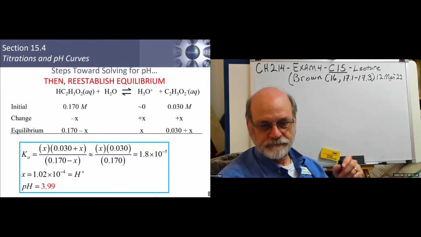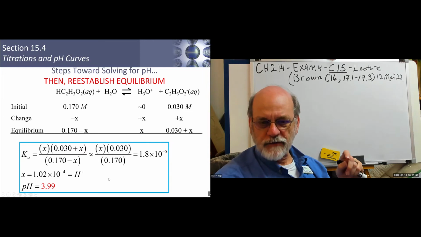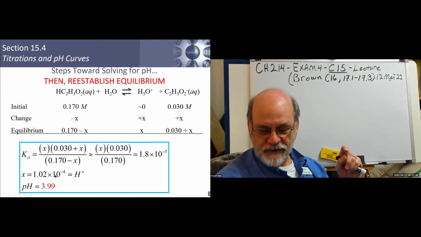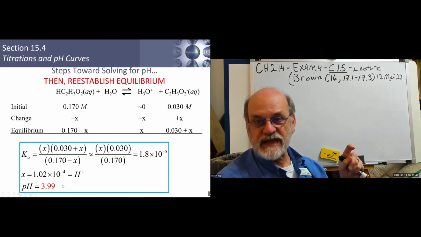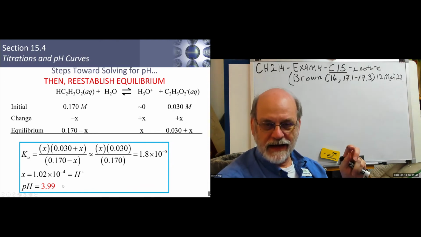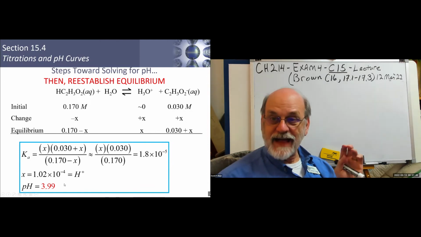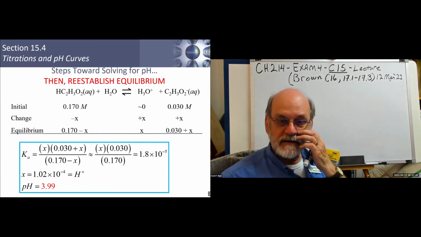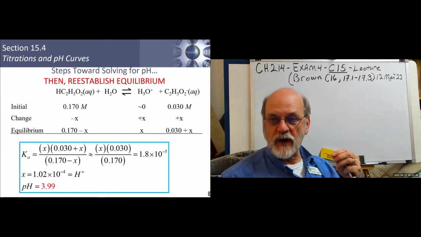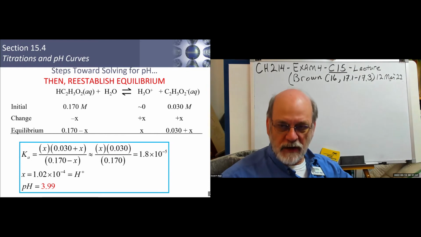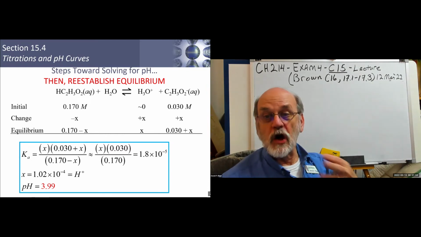We can ignore it. And if we solve this for hydrogen ions, we find that that's the molar concentration and this is the pH, 3.99. Okay, that's how you would calculate based upon stoichiometry followed by equilibrium, the longhand version.